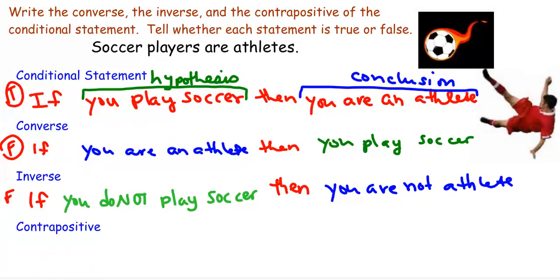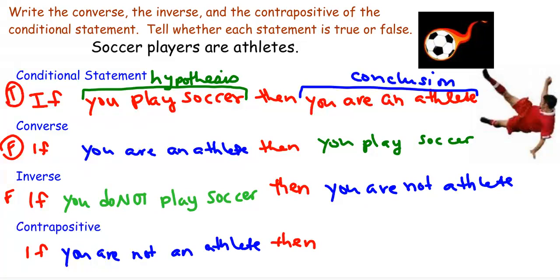And so then when we go ahead and write in this last one, we're going to keep that same if-then, but the contrapositive flips everything and puts the nots. So I would say, if you are not an athlete, then you do not play soccer. So let's think true or false here.